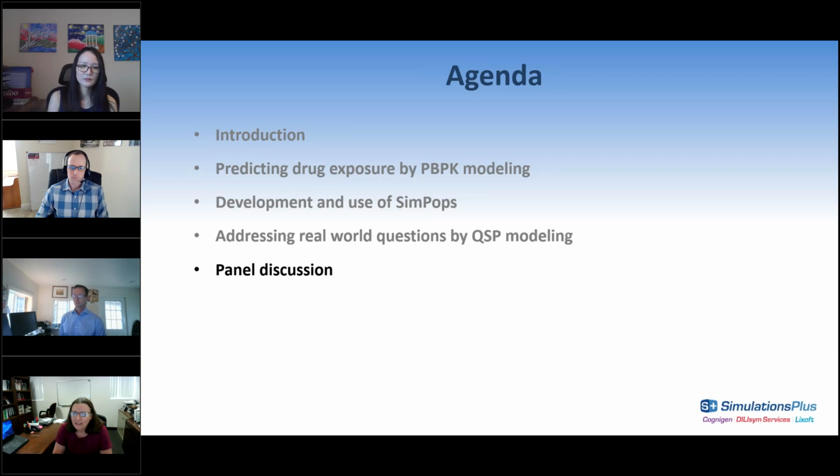A lot can be guessed or predicted just looking at, let's say, the ionization and lipophilicity of the compound, and connecting the properties of the compound with the properties of individual tissues in the PBPK model. So it is not simply entering the known volume of distribution; it is more using the properties of the system and the compound to figure out what distribution into which tissues is contributing to that known volume of distribution.